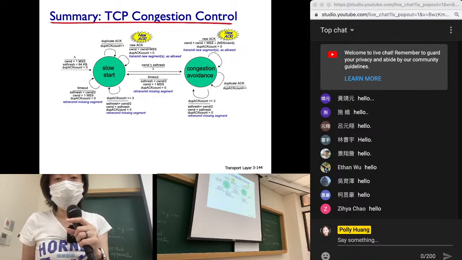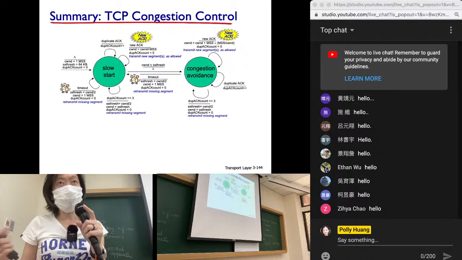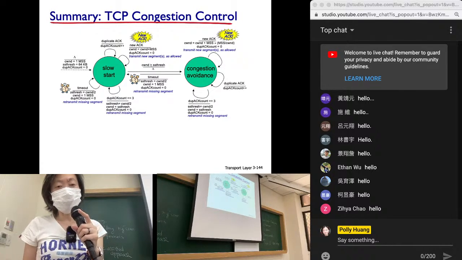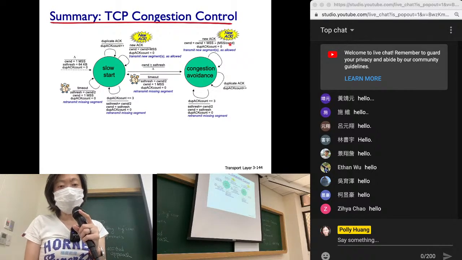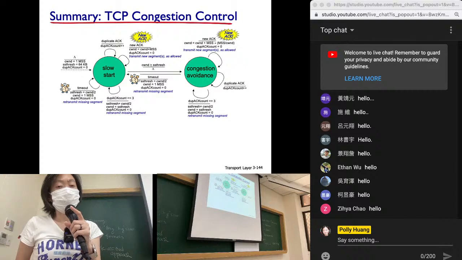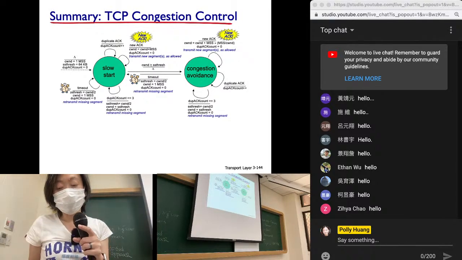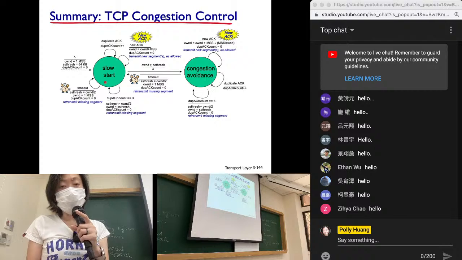All right. Now we also see transitions triggered by timeouts, in either case. So in slow start case, if it's timeout again, simply set the window size back down to 1. In congestion avoidance state, when there's timeout, set the window size back to 1, which is like starting from the slow start state. So there's no differences depending on which state it is. But make sure that the duplicate ACK count is reset to 0.